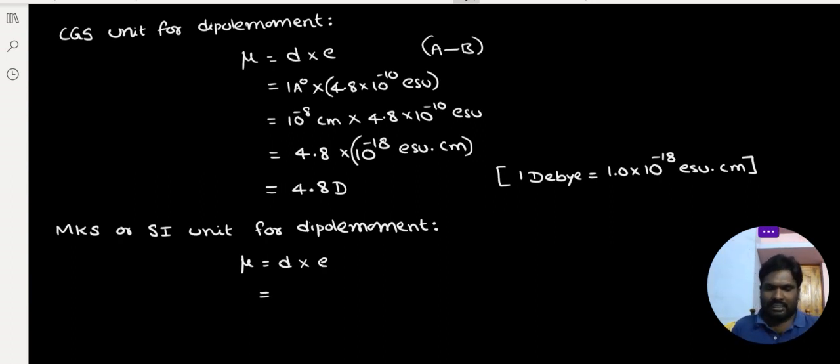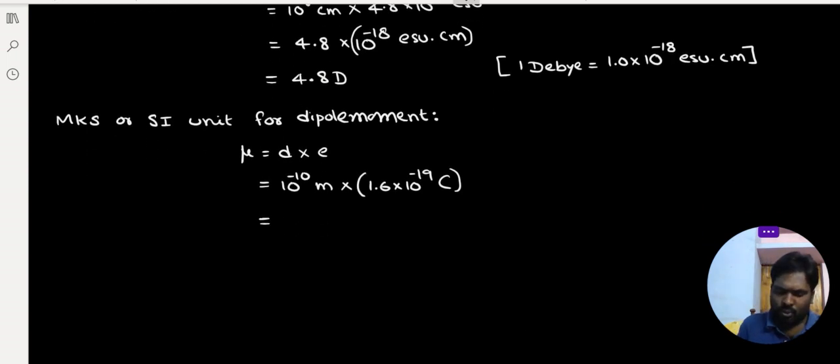Distance we take as 1 angstrom, 10 to the power of minus 10 meter, into charge 1.6 into 10 to the power of minus 19 coulomb for the SI unit. So we get 1.6 into 10 to the power of minus 29 coulomb meter. Understood? So this is the SI unit.